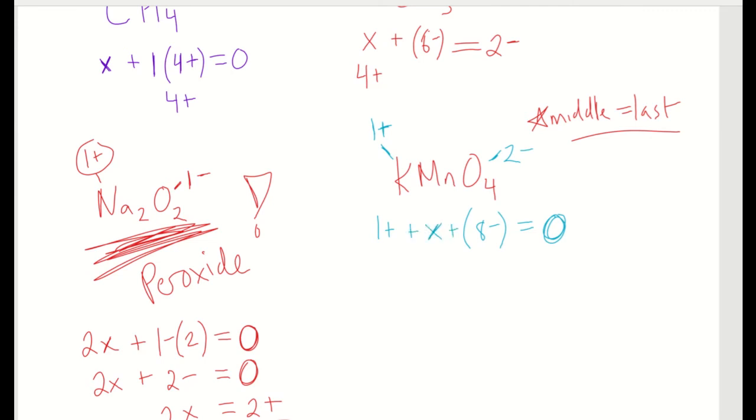So we have 1 plus x plus 8 negative equals 0. So that means we have x plus -7 equals 0. So that means x must be equal to +7. So those are the oxidation numbers for K, manganese, and oxygen.